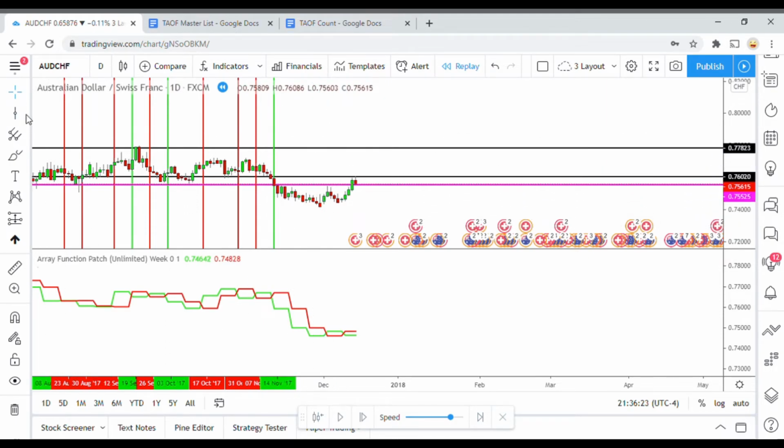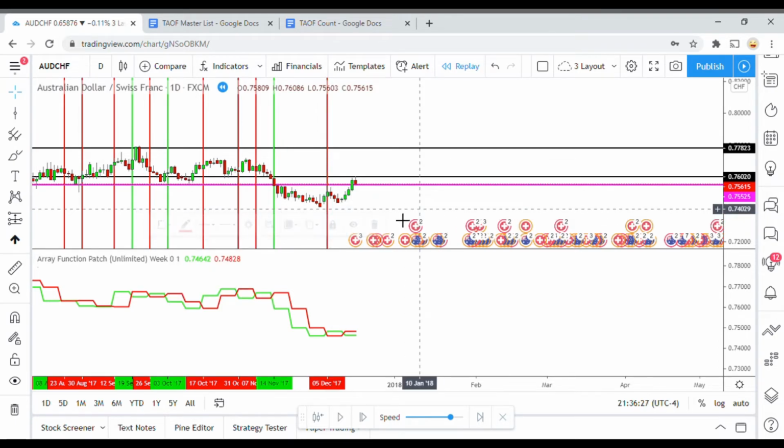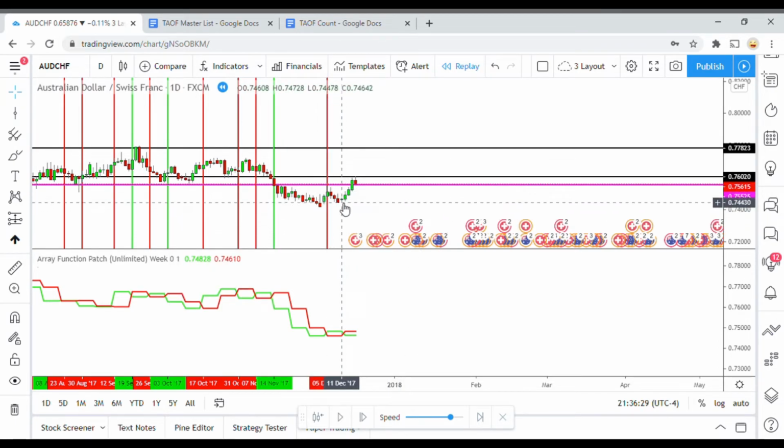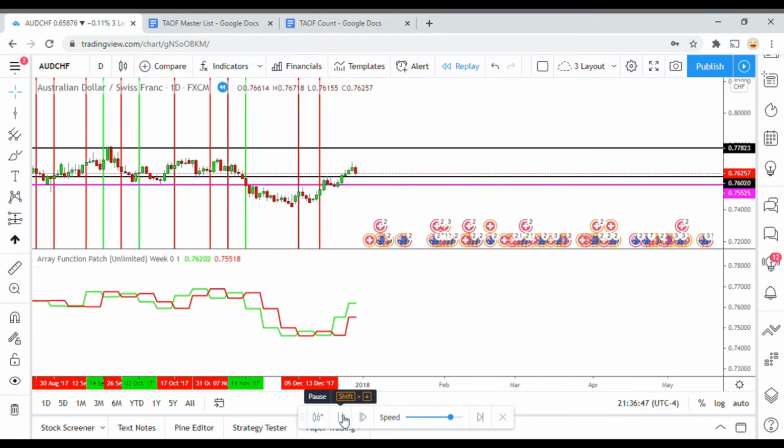Getting close to the end of the year. Let's see, we picked up a long right here. Didn't really do much for us because it then turned around and gave us a short right there, which also stopped us out because then it gave us a long right there.